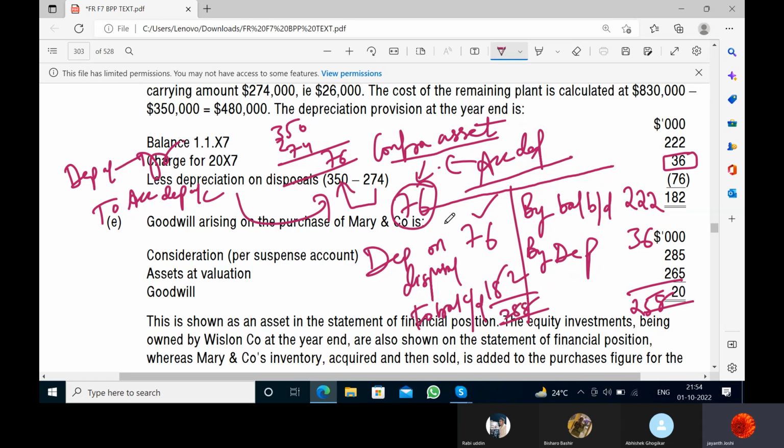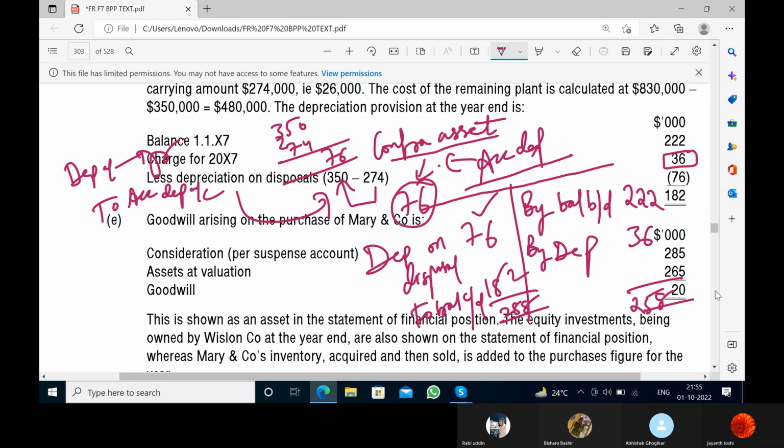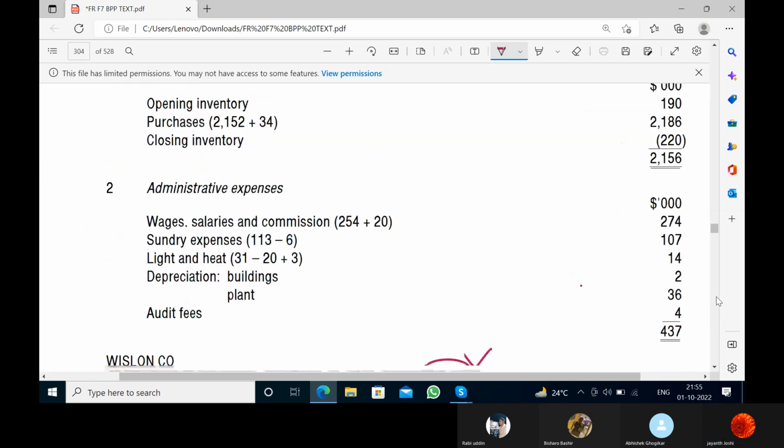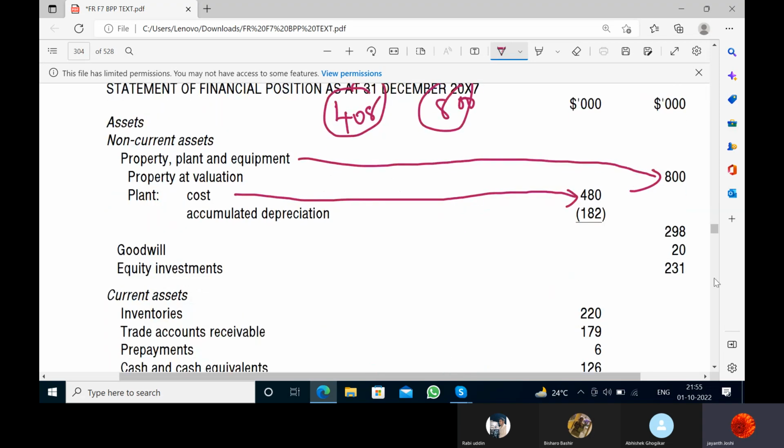Now we will just write it here. This is your asset account and this is your accumulated depreciation. So that asset we have removed. From 830 we removed 350, so we got 480.